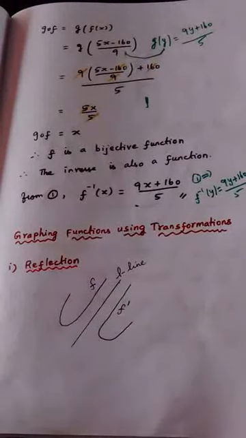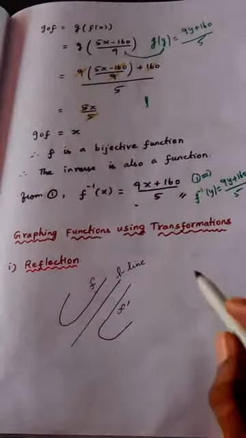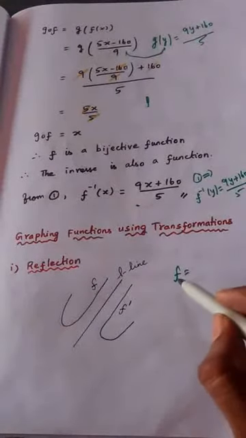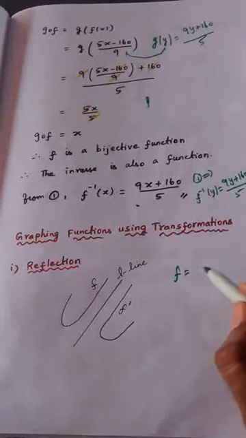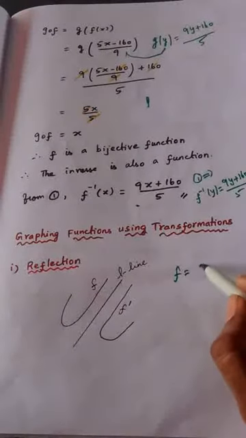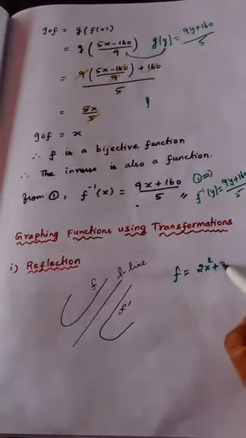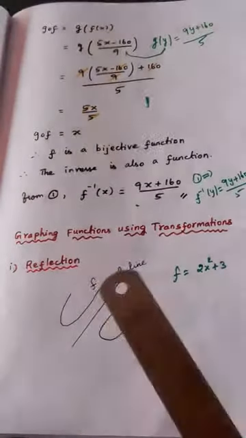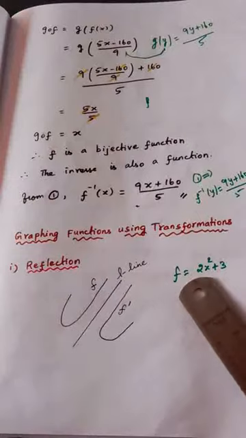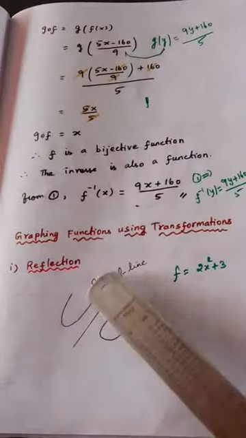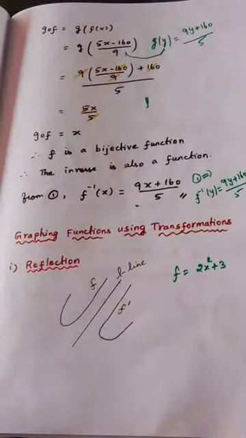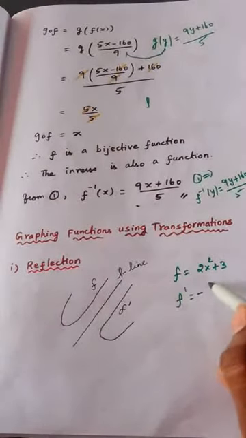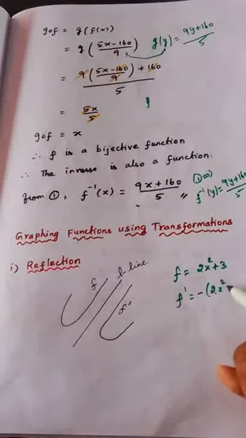For example, I am writing this just as an example: suppose f is equal to 2x square plus 3. If f is this, then its reflection f dash is nothing but the negative of that, negative of 2x square plus 3.